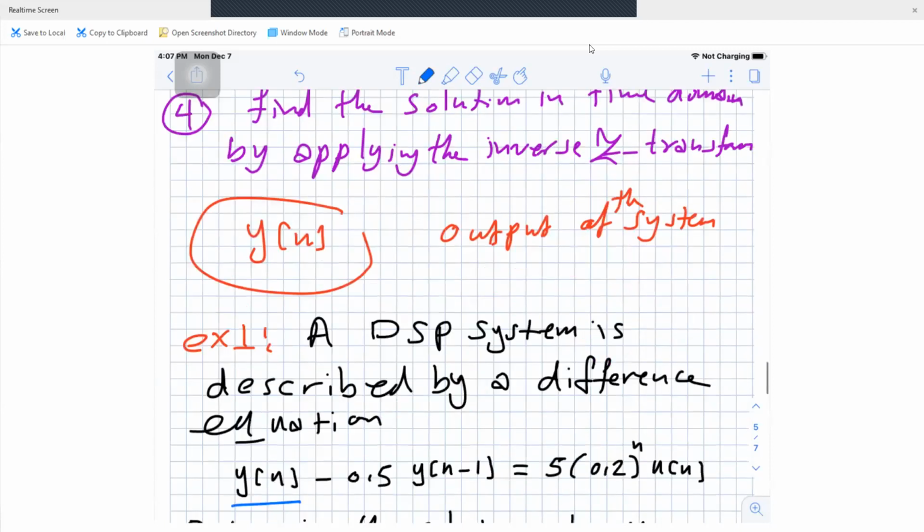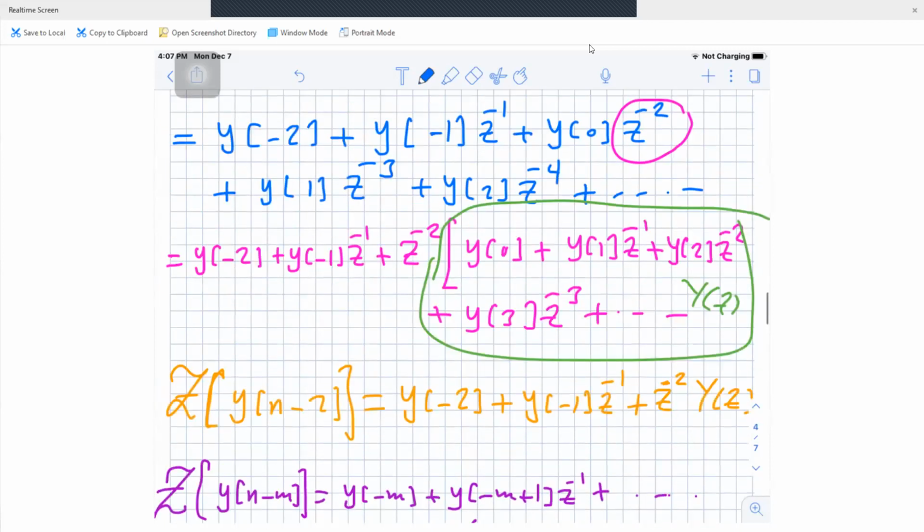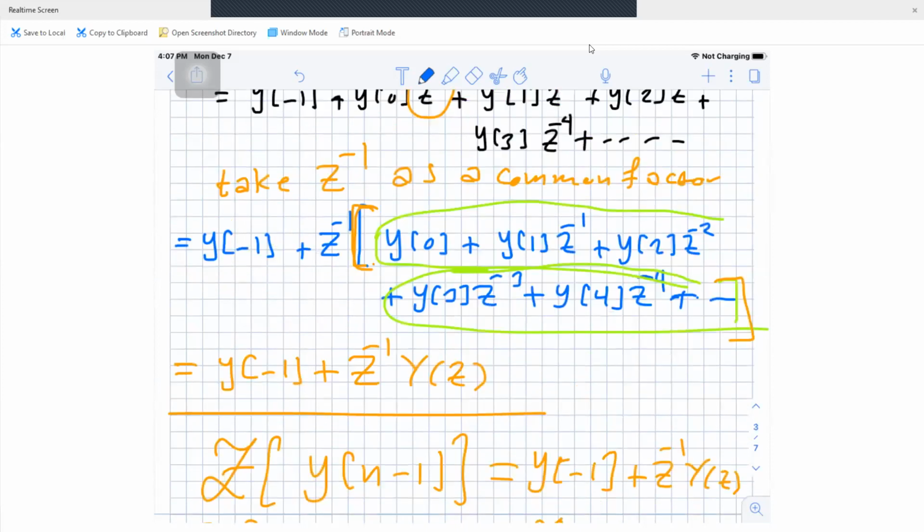Look, in the previous lecture, we have derived a formula for y of n minus 1. This is for y of n minus 1: y of minus 1 plus z to minus 1 Y of z.